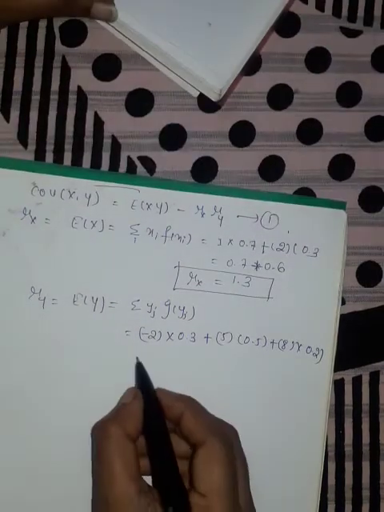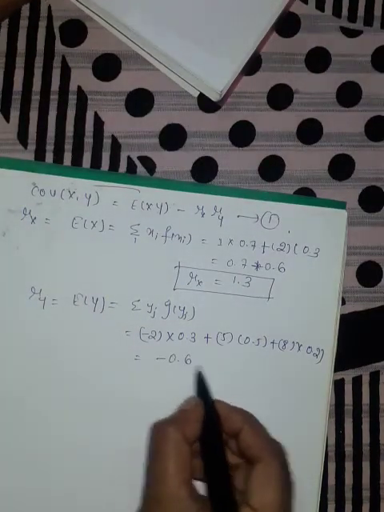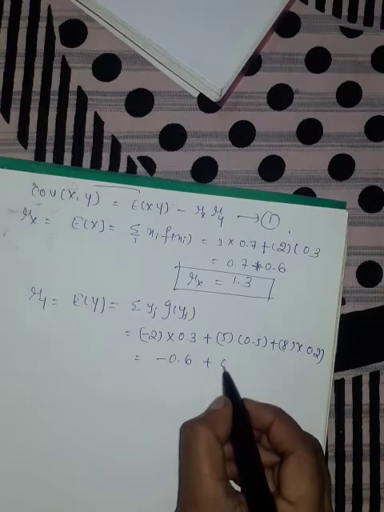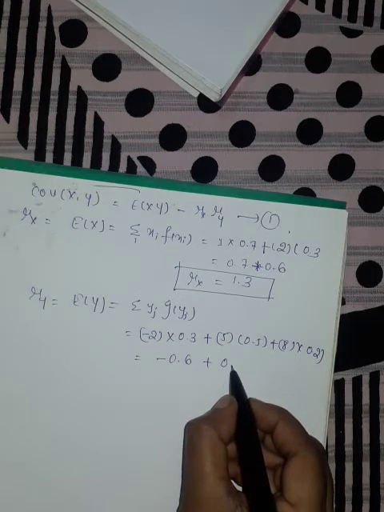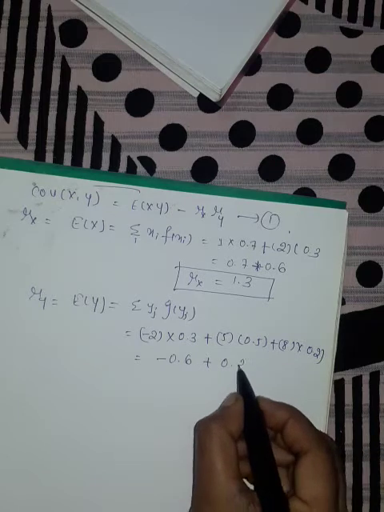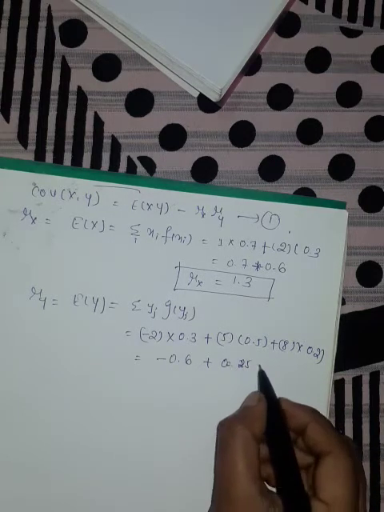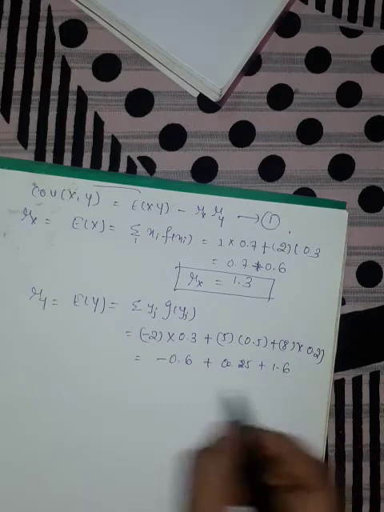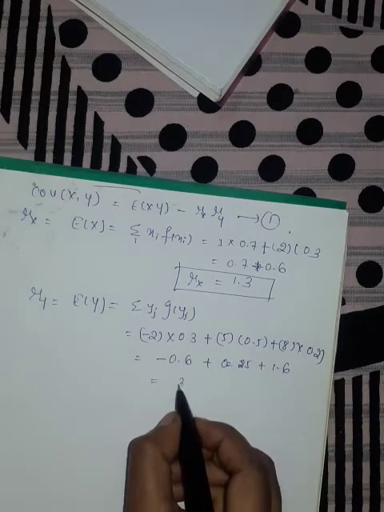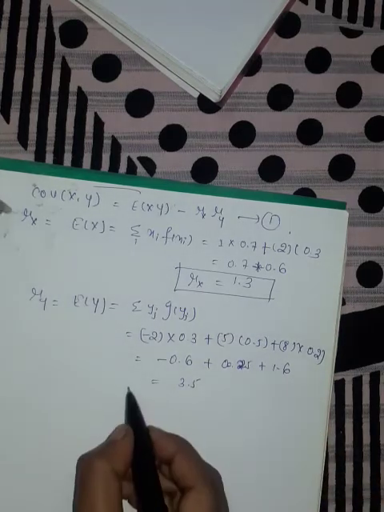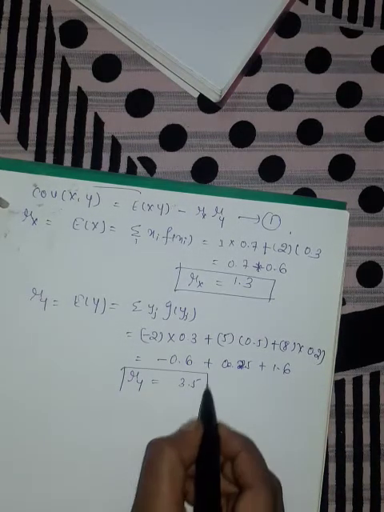If you simplify this one, this is minus 0.6 plus 2.5 plus 1.6. So mu y is 3.5.